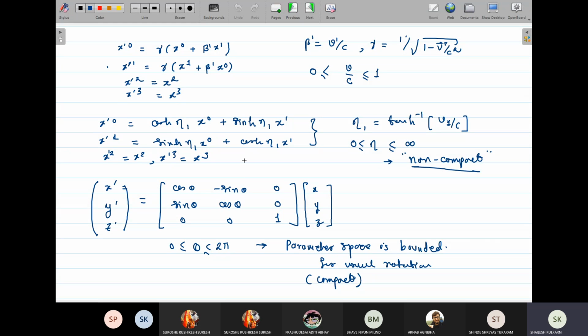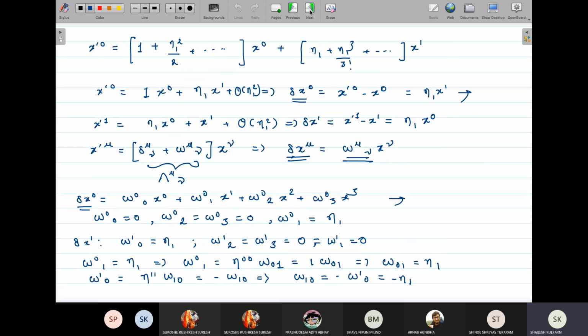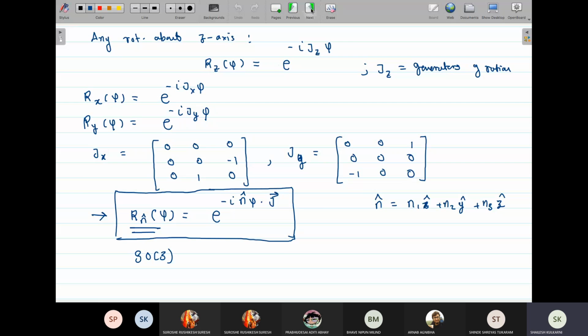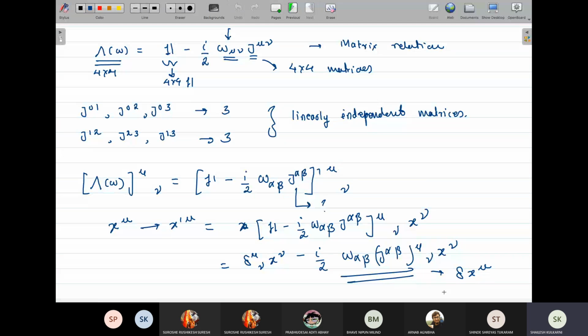Then start from this, write it in a matrix form, and then consider the differentiation with respect to eta 1, and obtain the matrix form of that. But there is a simpler way, or it's simple, but the first time it's slightly difficult to understand. But let us follow that way. So this is delta x mu, this part, together with this minus sign. Is everything clear till this point?